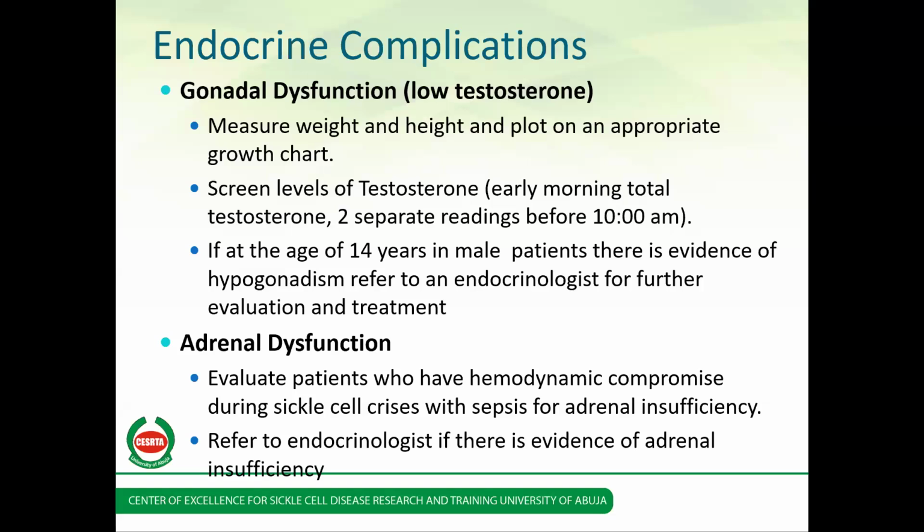So for gonadal dysfunction, measure weight and height and plot on an appropriate growth chart. Screen levels of testosterone, early morning total testosterone, 2 separate readings before 10 a.m. If at the age of 14 years in male patients there is evidence of hypogonadism, refer to an endocrinologist for further evaluation and treatment.